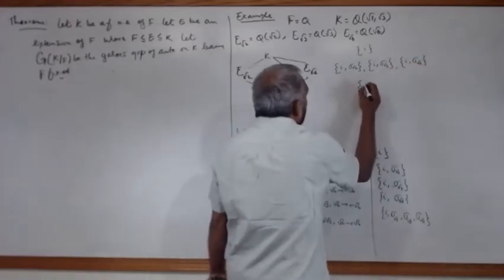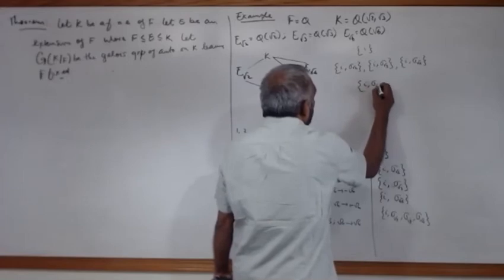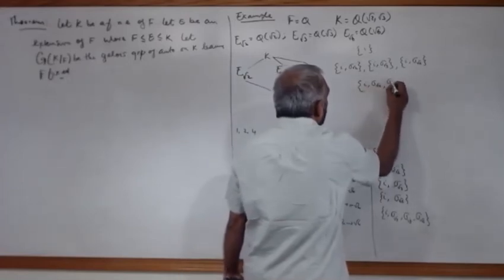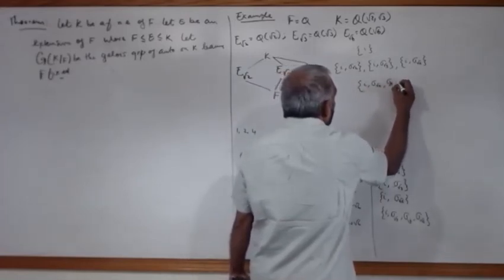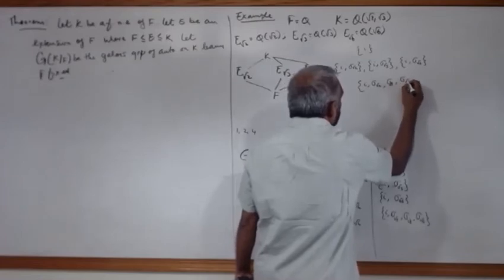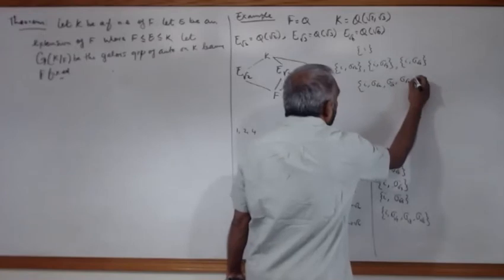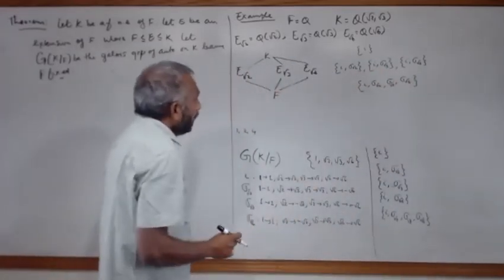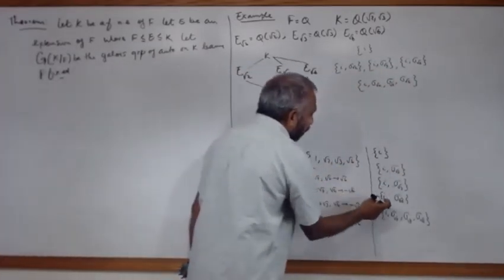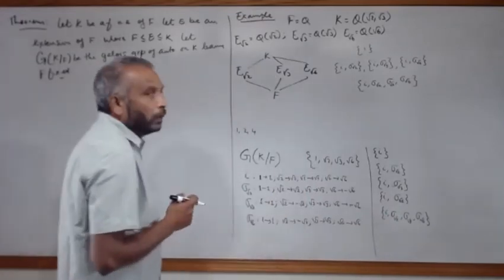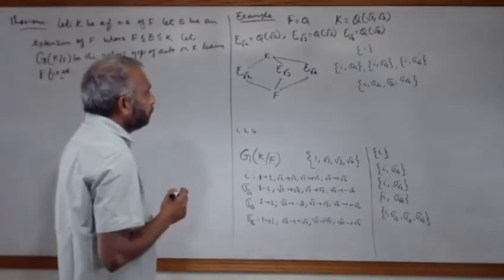Then you have I, sigma root 2, sigma root 3, sigma root 6. Here also you have 1, 2, 3, 4, 5 elements.